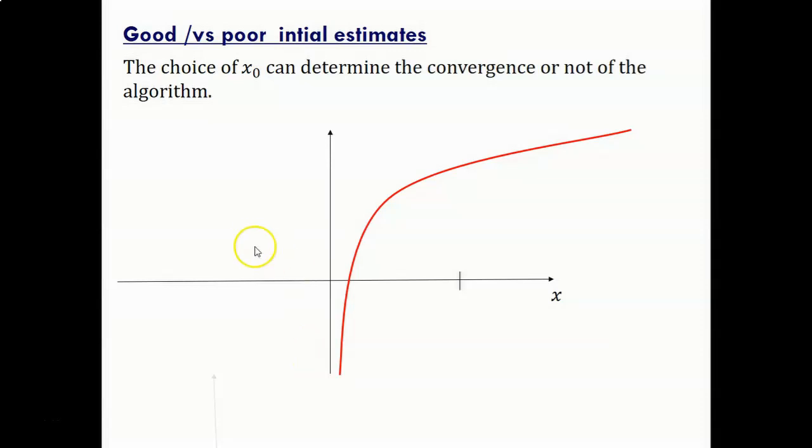Now, the Newton method may diverge in some cases, especially when the point x0, or the initial estimate, is badly chosen. So consider, for example, that we have a function f of x, such that f of x is tangent to the y-axis when x becomes close to 0.